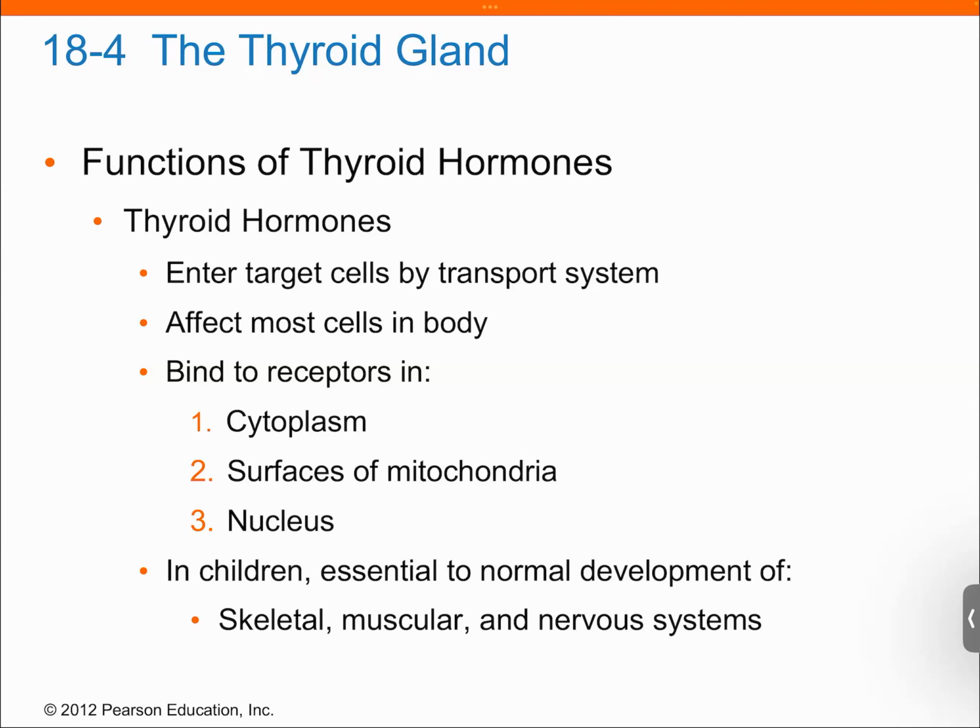When you're talking about receptors and reception, so this is the reception of the hormone, it's important to understand that when your hormone is nonpolar, like T3 and T4, they can basically freely move through the membrane.